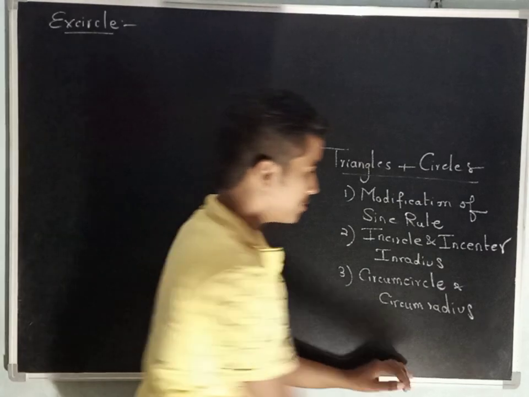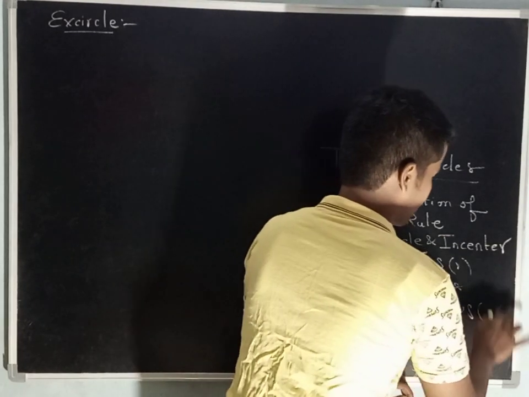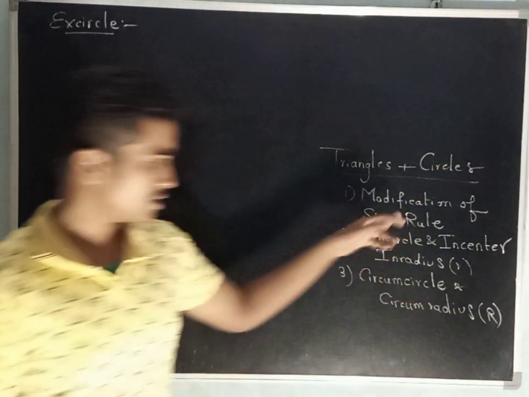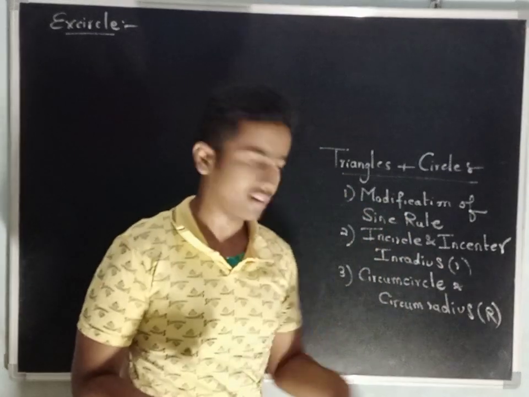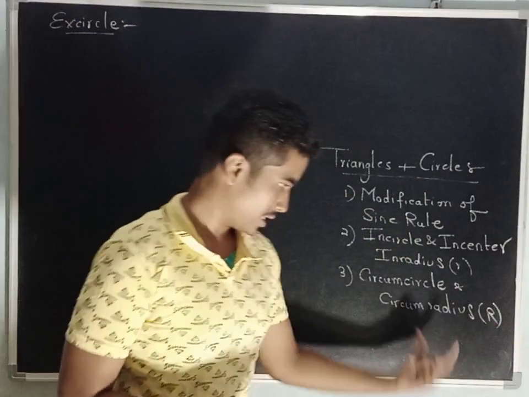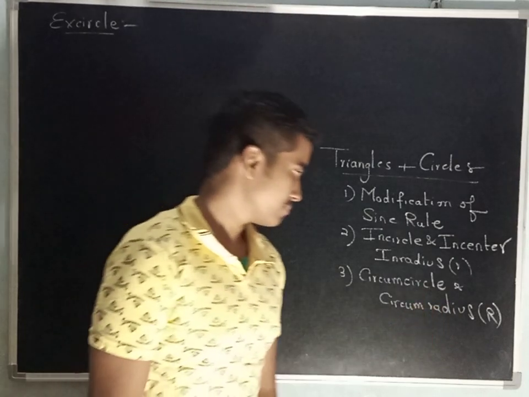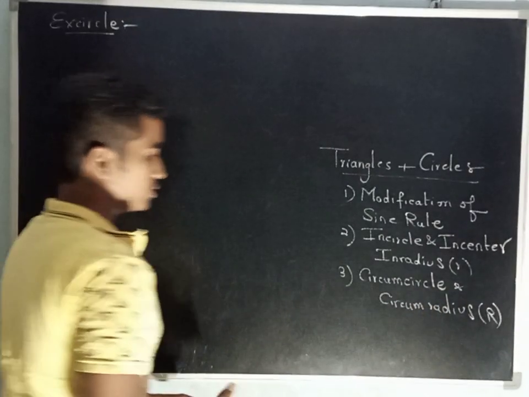Inradius means small r, circumradius means capital R. In the circumcenter, finally we get a by sin A is equal to 2R, right? That's what it is, the radius of the circumcircle. Okay?